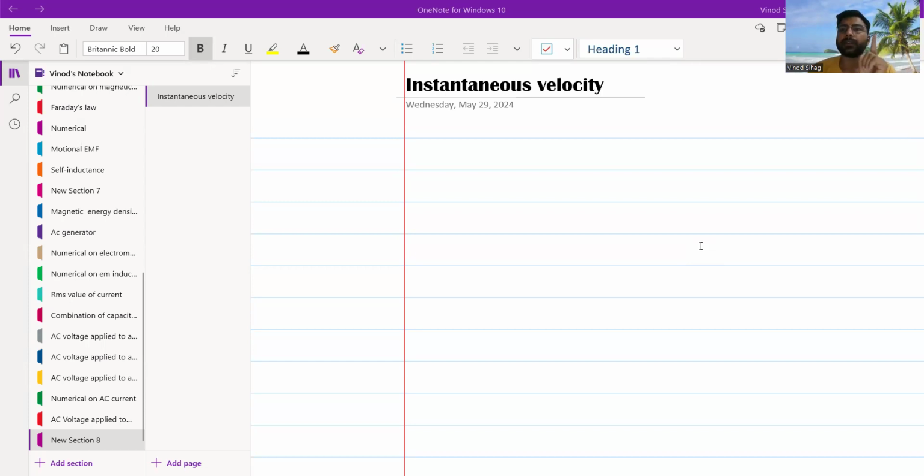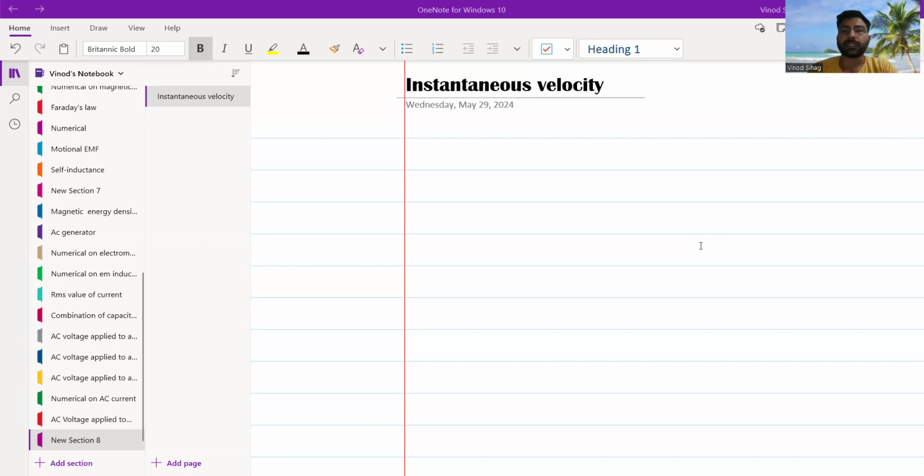We require only one particular instant at which we want to find the instantaneous velocity. Let's say velocity at 2 seconds, velocity at 5 seconds, velocity at 7 seconds. These kinds of data points can be taken for the instantaneous velocity.